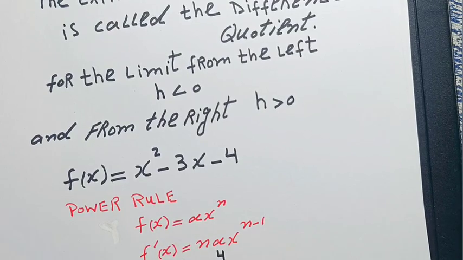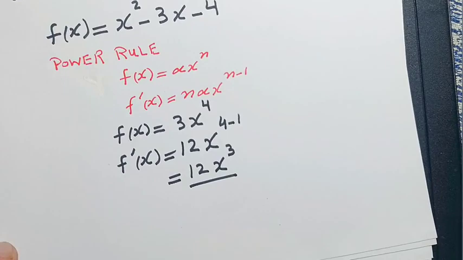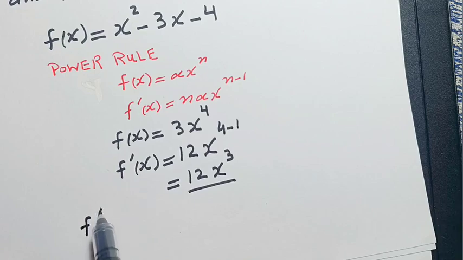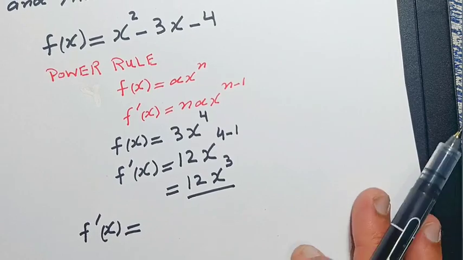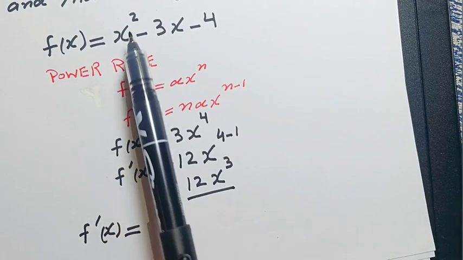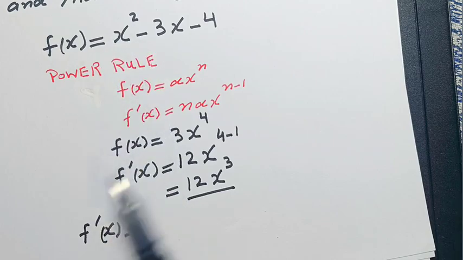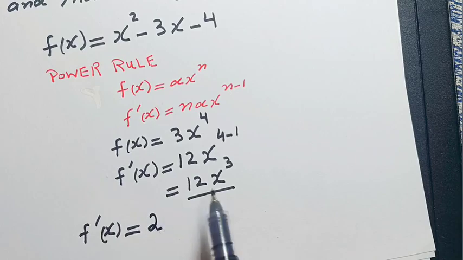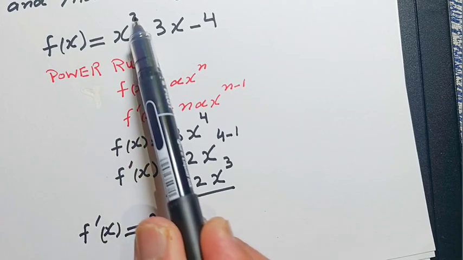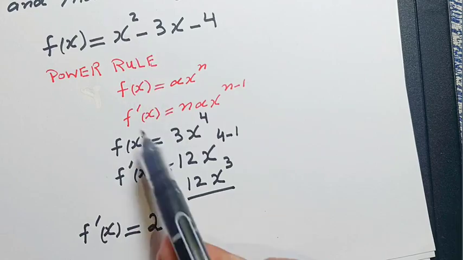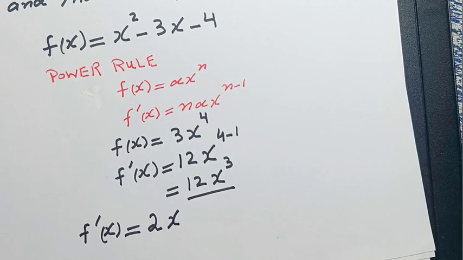We're going to apply the power rule here. We have 2, multiplied by the coefficient 1, it becomes 2. From the power 2 you decrease by 1, so 2 minus 1 leaves only 1, so we say 2x.